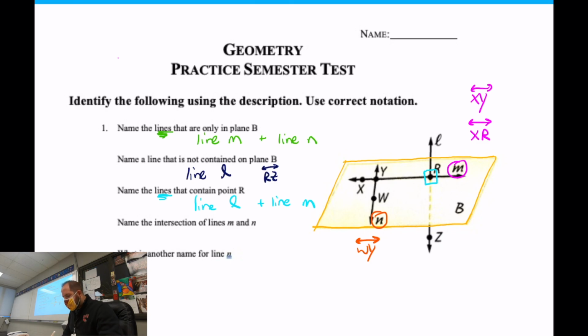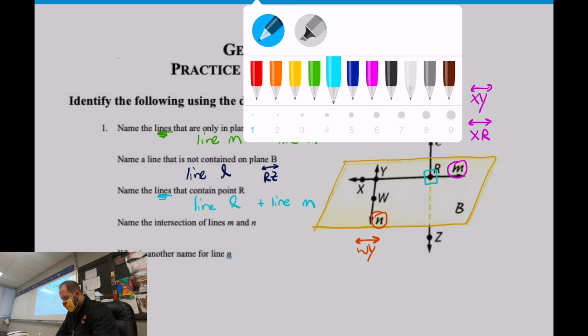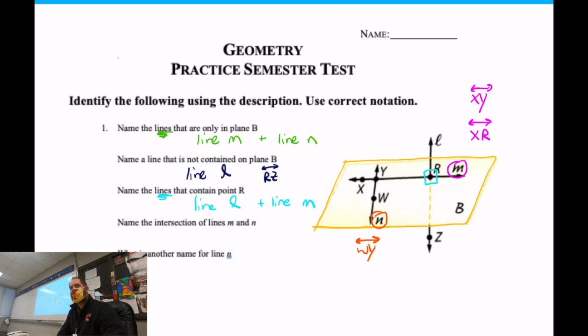Okay. What is the intersection of M and N? Point Y. And you have to write the word point and Y after it. This is the point that M and N cross. It's a single dot, because think back to the postulate we did.